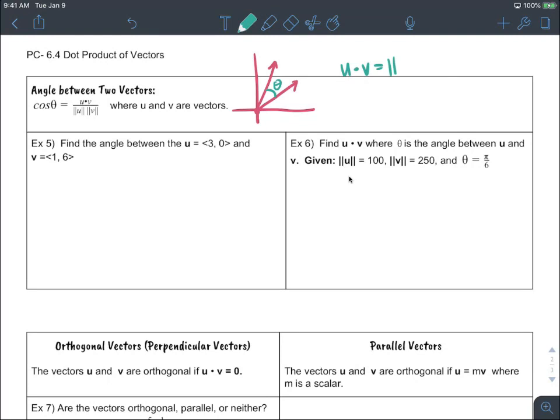the magnitude of u, the first vector, times the magnitude of the second vector times the cosine of the angle between. We can actually isolate the cosine theta.